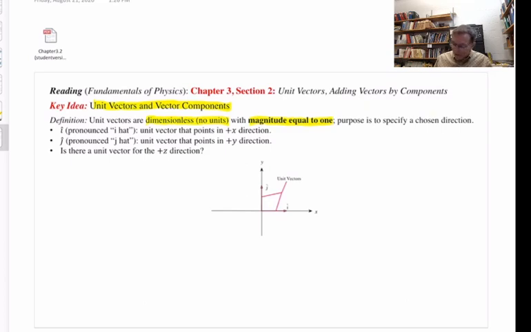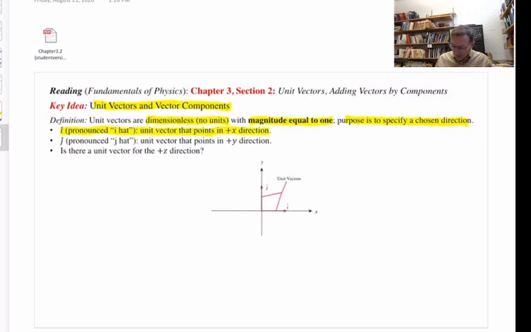So what is it that a unit vector does? Like any vector, it points, but a unit vector's purpose is to point in a specified, chosen direction. Let me introduce two of the three unit vectors you might come across. Look carefully at the slide. I'll draw it over here to the side in case you can't see it. The first unit vector is called i hat.